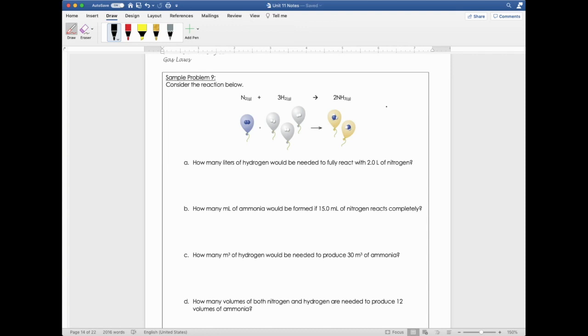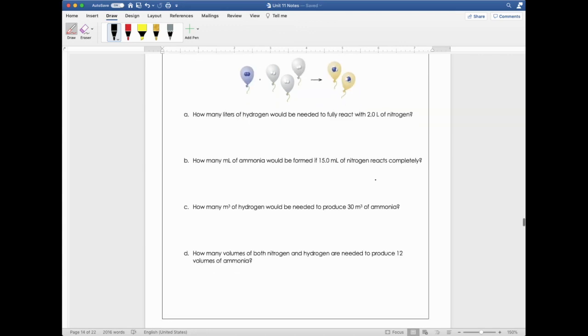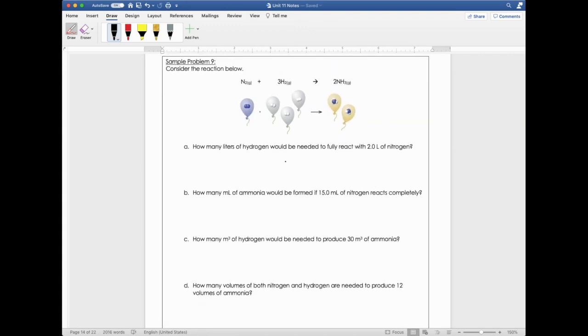You don't have to think super hard about a lot of these concepts, but if you just know that 1 mole of a gas at STP takes up 22.4 liters of space, or that gases at the same temperature and pressure have equal volumes depending on however many moles there are, you can easily solve these problems. So for sample problem 9, A through D, we actually don't have to do a lot of math. It's just mental math, and there's not even any conversions.